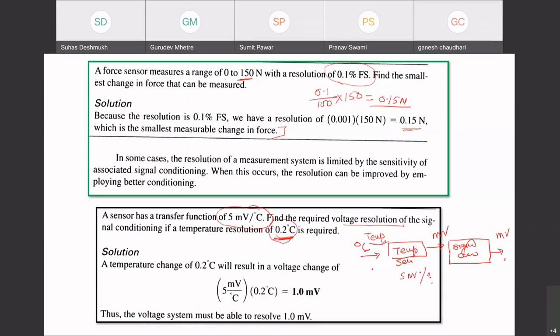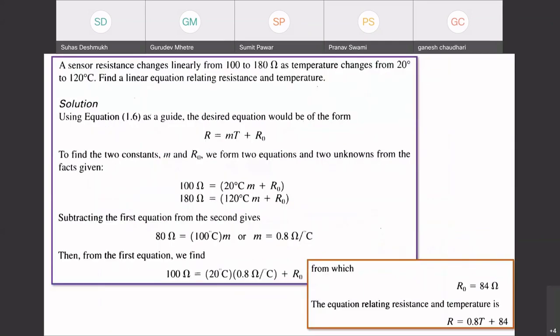You need to identify the voltage change in the signal conditioning. So a 0.2 degree change will result in a voltage change of 5 into 0.2, which is 1 millivolt. I should be able to detect it, then I can get 0.2 degrees Celsius accuracy. That is how you can do the calculations.